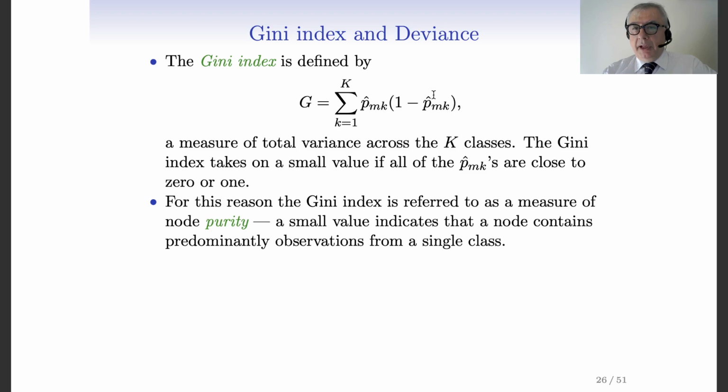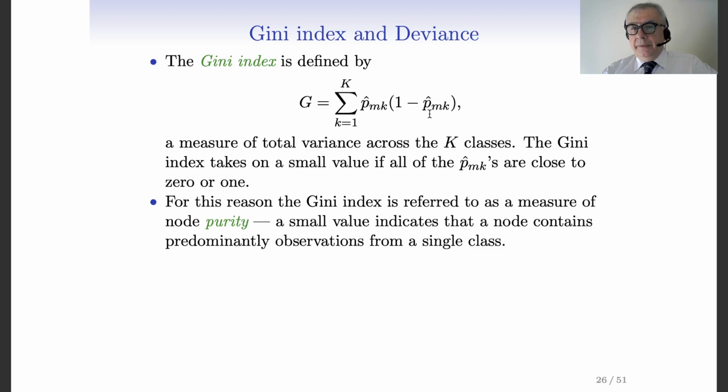This is very similar to the variance of a Bernoulli variable, the same formula. And the idea is that this product is equal to 0 when either p hat mk is equal to 1 or is equal to 0.